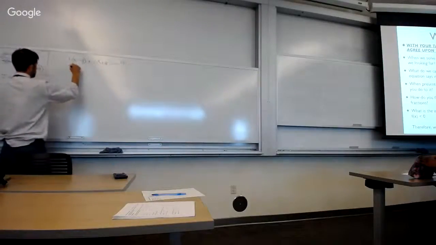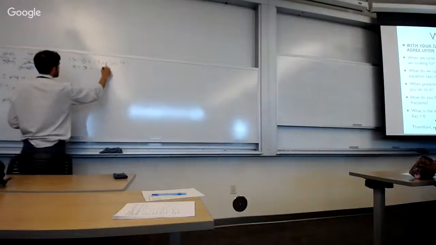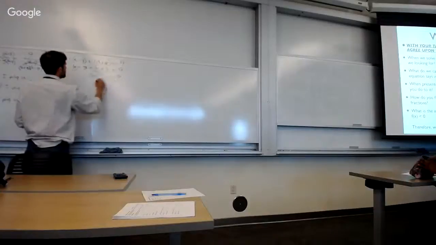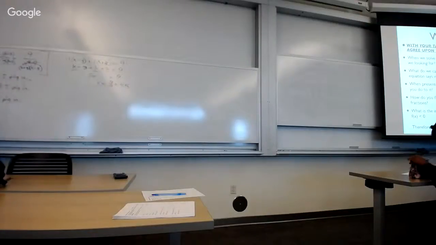That's 2x equals 9, so x equals 9 halves, which is 4.5. That is the solution that will make this whole equation true. If I plug in 4.5, the whole equation becomes true. That was one way of doing it: finding a common denominator and then setting the numerators equal to each other.